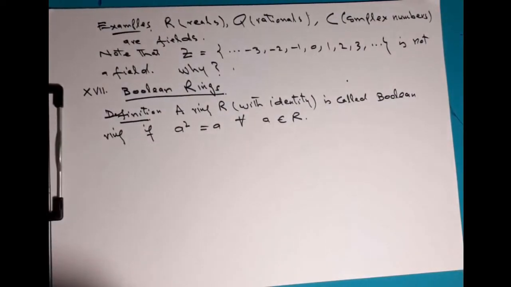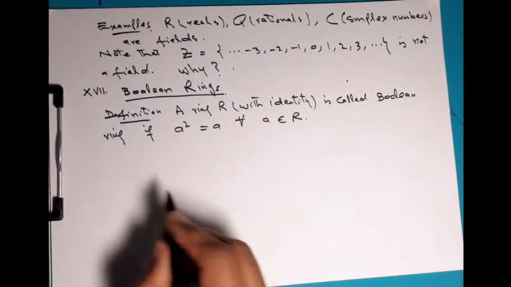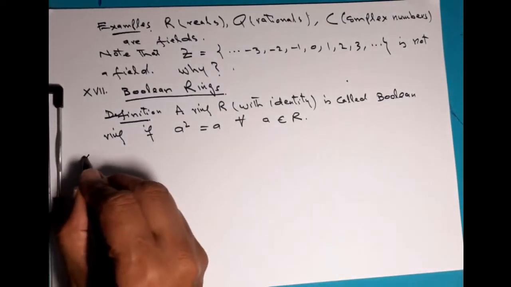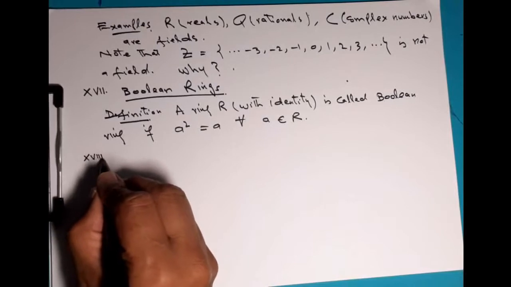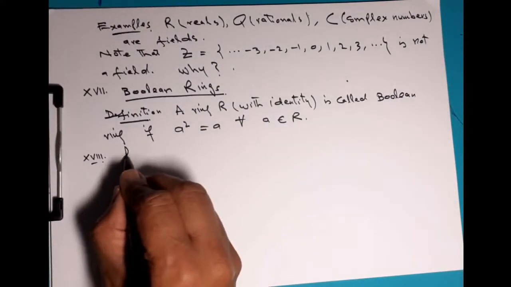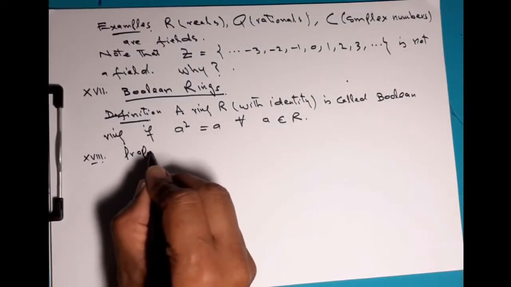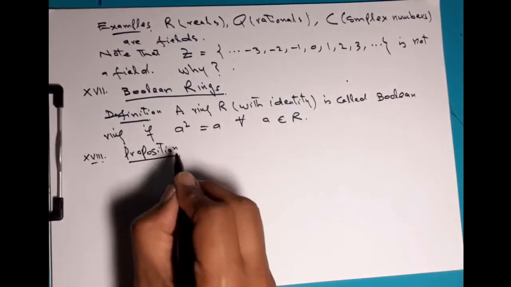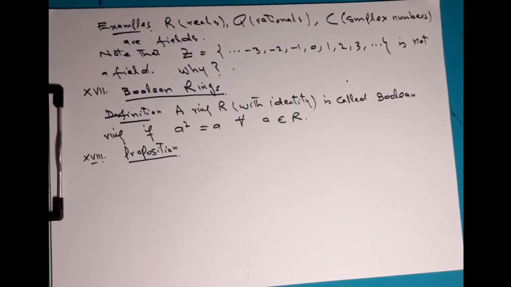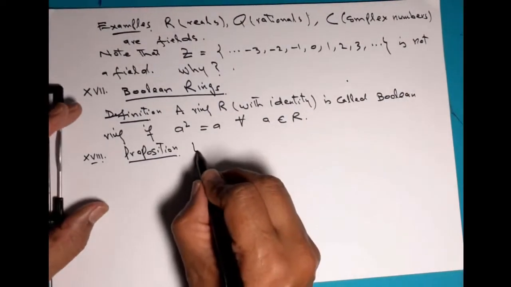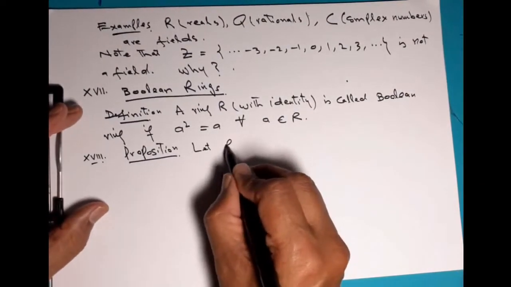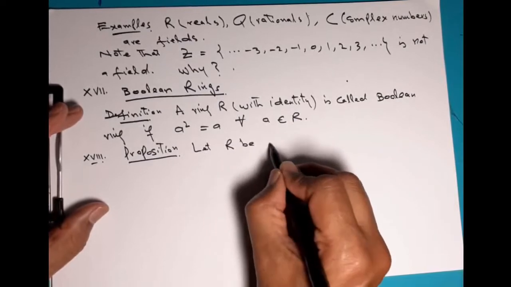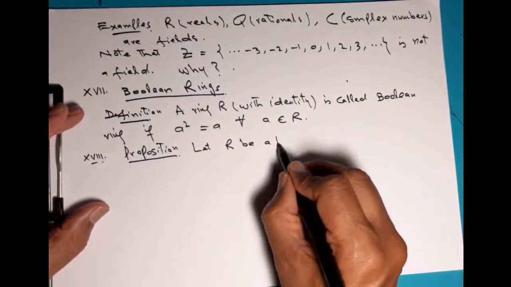So let's have a proposition. Let R be a Boolean ring.